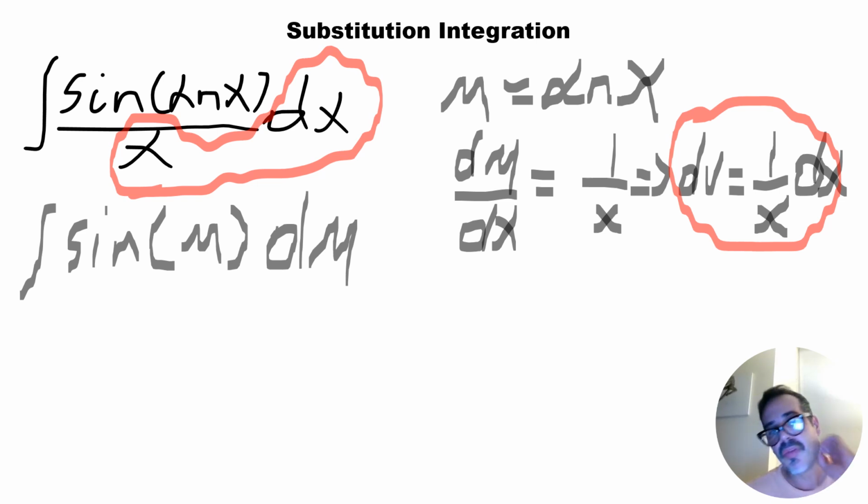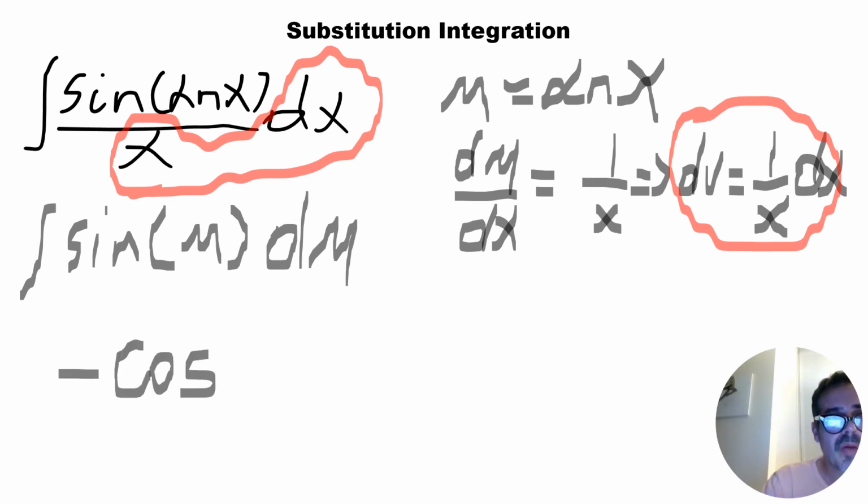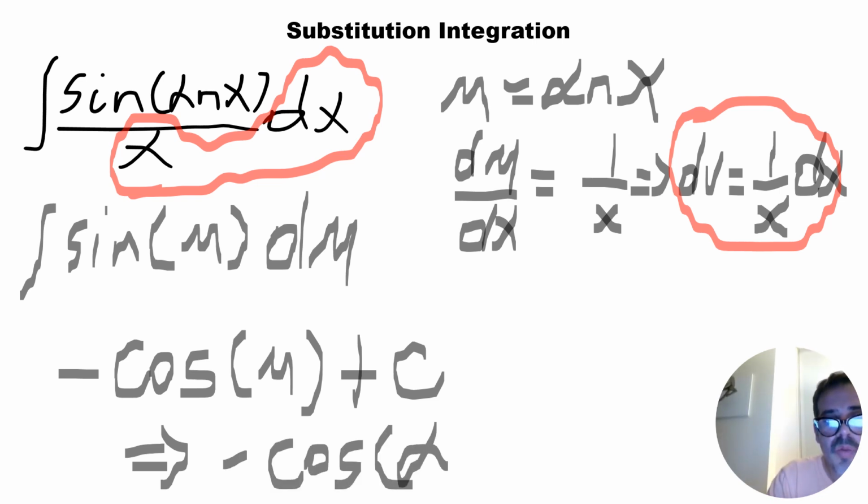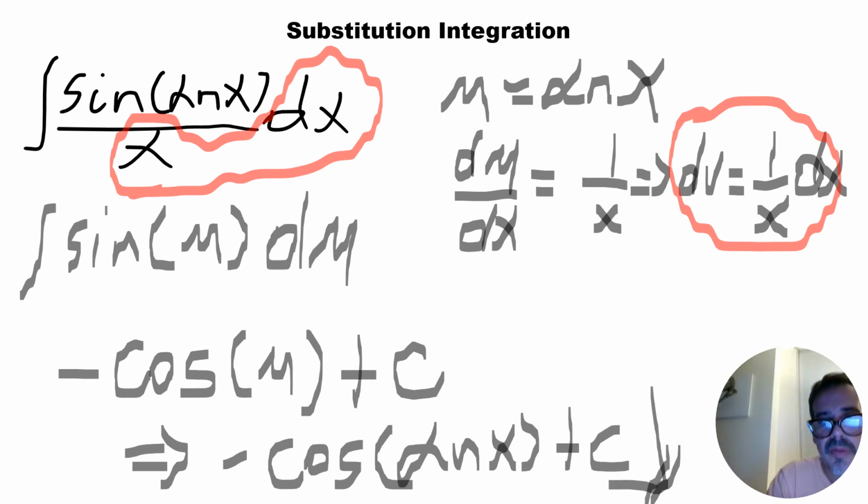Therefore, I have to now integrate this and recognize that the integral of sine is minus cosine of u plus C. And then I have to come back and substitute the u for the variable that I had at the very beginning, which is minus cosine of ln x plus C, and this is the answer to this integral.